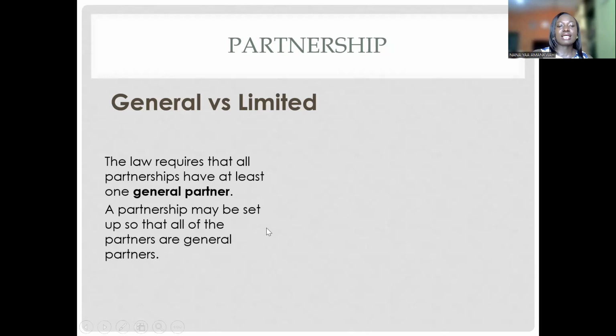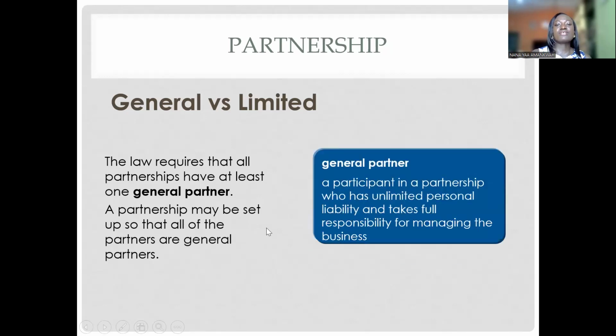Now, what does the general partner do? A general partner participates in a partnership, okay? And one thing is that he has unlimited personal liability and takes full responsibility for managing the business. So the general partner doesn't say that, okay, the business is at a loss, but I have this percentage. It's full. So full liability.